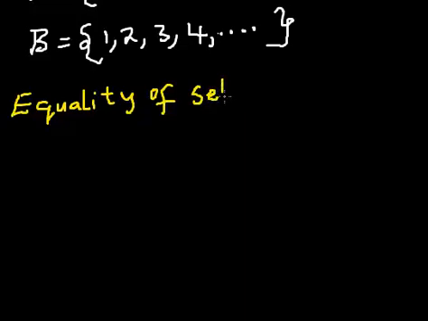Since they are made up of elements, let me use two sets, set A and B. If I say set A is equal to B, what does that imply? It simply means that all the elements of A should be the same as the elements of B. As simple as that. One is not greater than the other. They have the same number of elements and the same type of element.